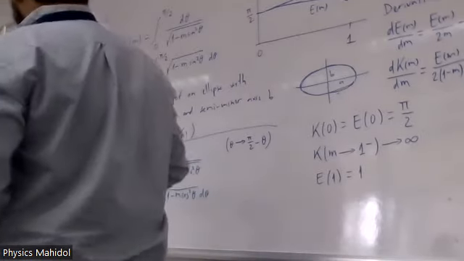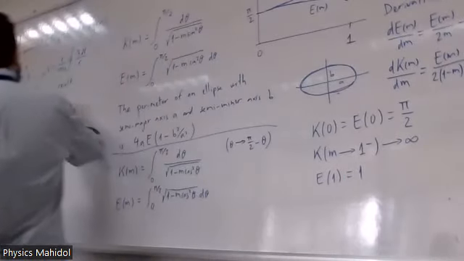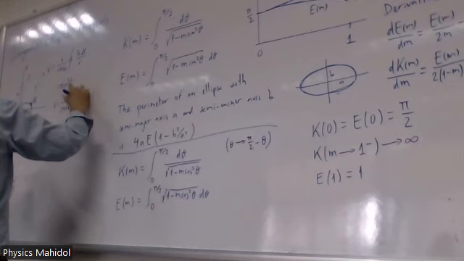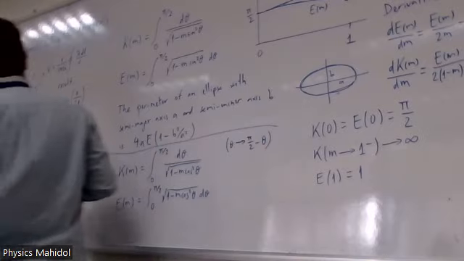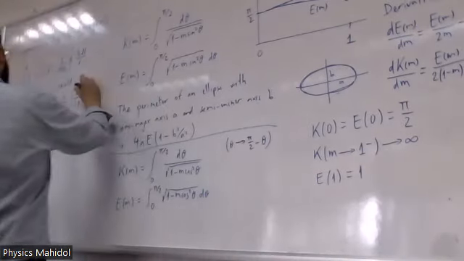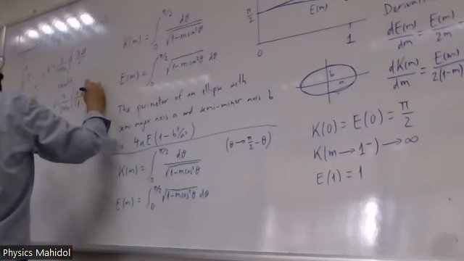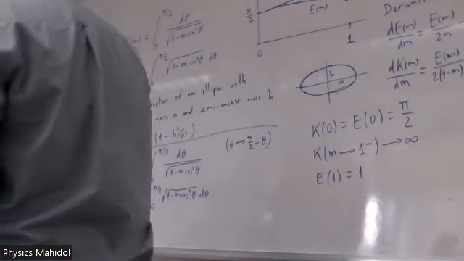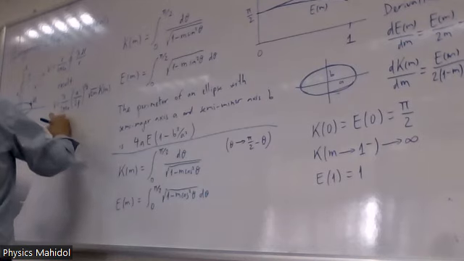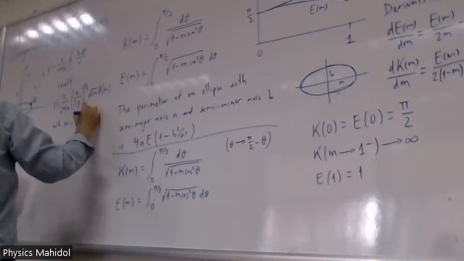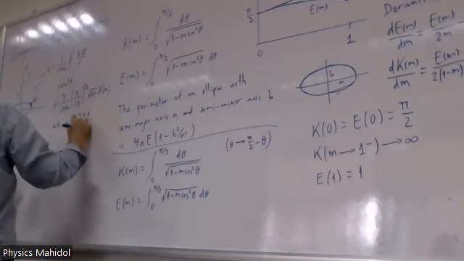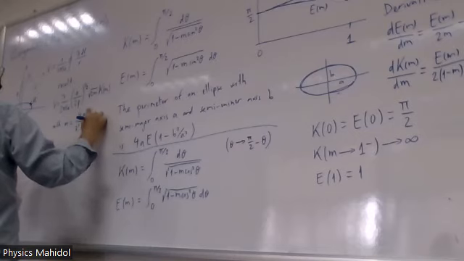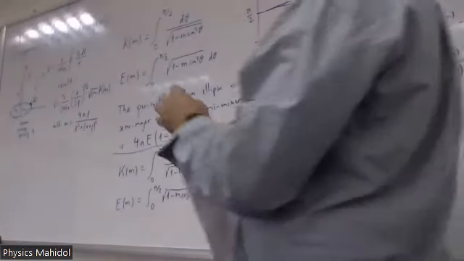So the result for the general case that includes the case when rho is 0 is that the potential is lambda over 2 pi epsilon naught, the radius of the ring divided by the square root of rho, times the square root of 2 times some variable m multiplied by the elliptic integral of the first kind K evaluated at m, where m depends on the radius of the ring, the polar coordinate of the point, and the vertical distance, like this: 4a rho divided by z squared plus (a plus rho) squared, which has to be less than 1, right?